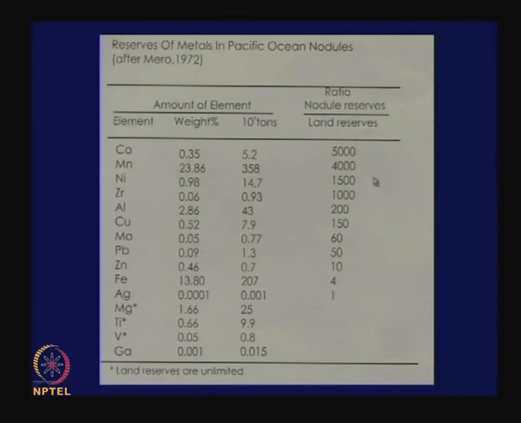Now, it is surprising that the nodule reserves apparently contain 5,000 times more cobalt than is available in land reserves. In the case of manganese, 4,000 times that in the land reserves. Nickel, 1500 times, and so on.